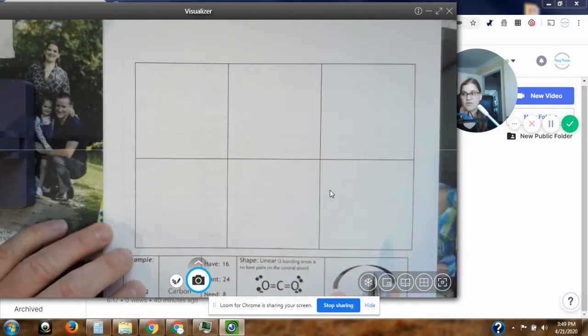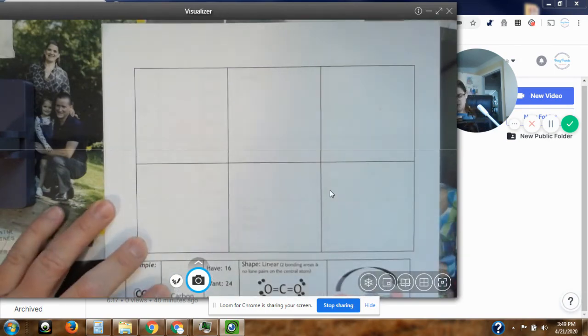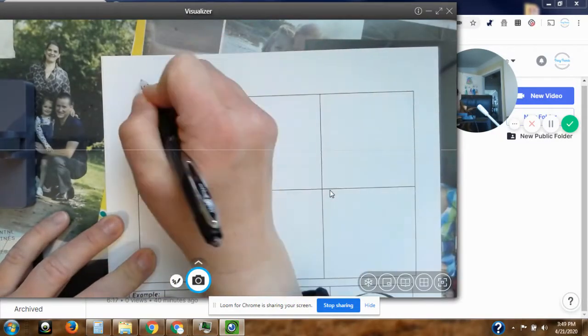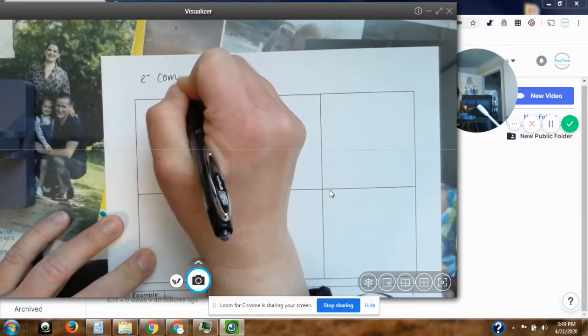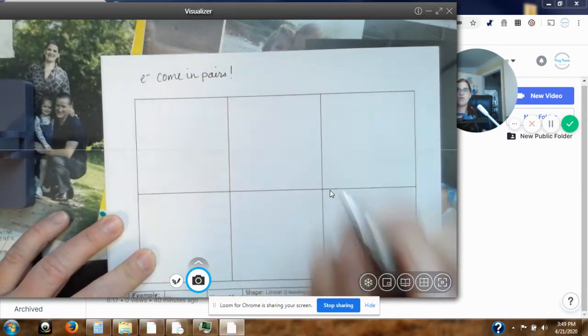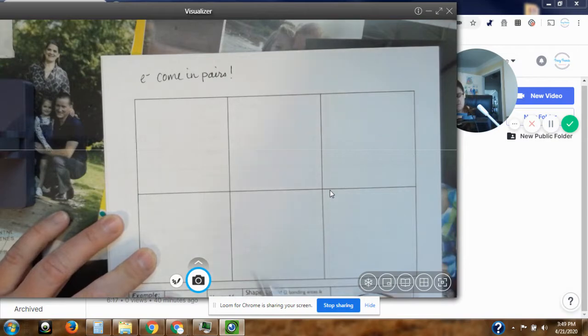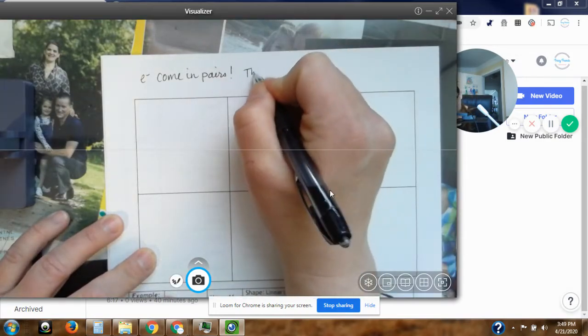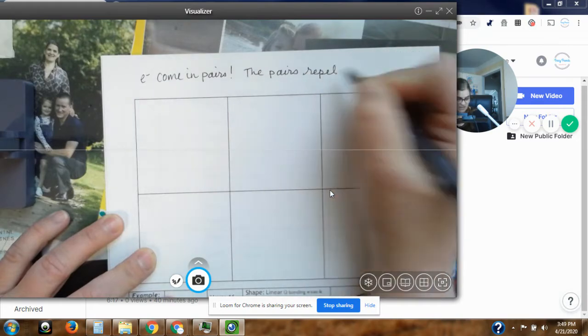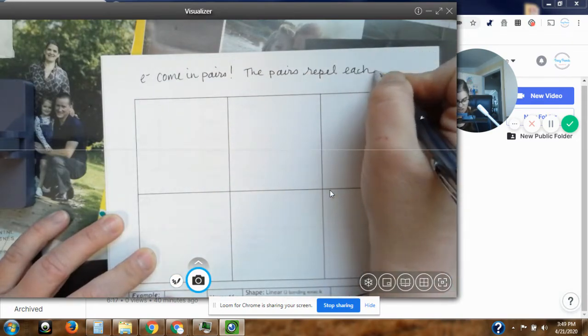The first thing I'm going to mention is electrons come in pairs. And when they're in those pairs, the pairs repel each other because all the pairs are negatively charged.